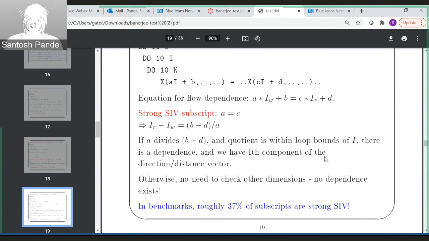So B minus D must be divisible by A is the first condition. And second is that this quotient must be within the loop bounds, that is U minus L. The dependence distance must fall within the loop bounds, otherwise there's no dependence between the pair. So that's where we can run the SIV test.